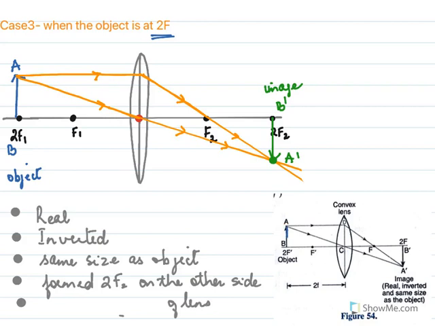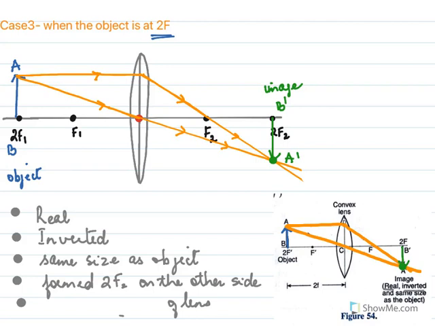Here again we have, see, this is the object. From here we have two rays, one going parallel which goes through the focus, and that one goes through the optical center, goes undeviated, and they both meet at this point. Here is the image formed at 2f.